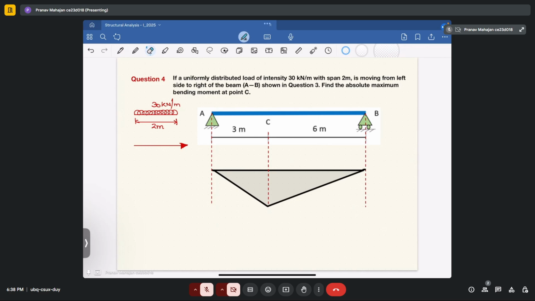Now you are expected to calculate the maximum value of bending moment. So that means your load should be distributed in what sense that you will get the maximum bending moment in the beam. So this is your ILD for bending moment at C.